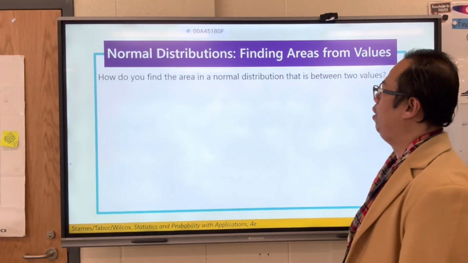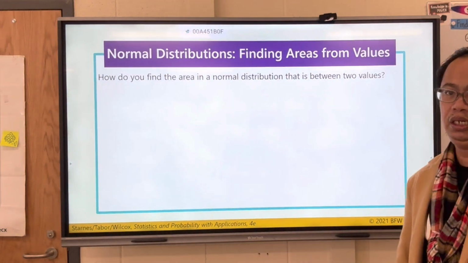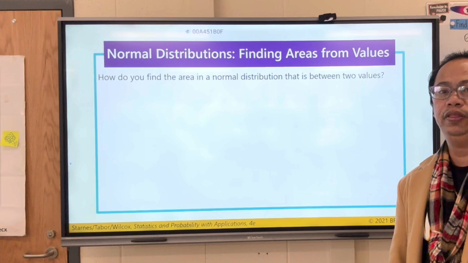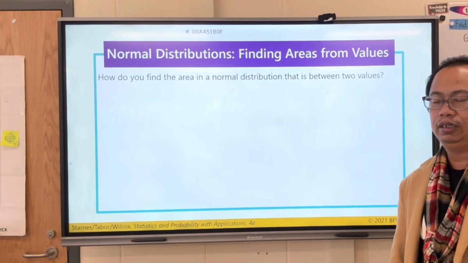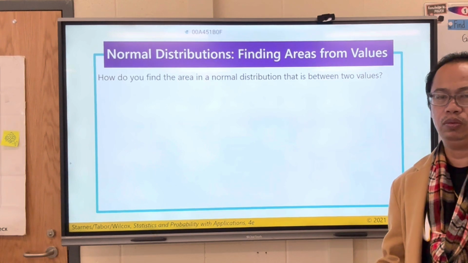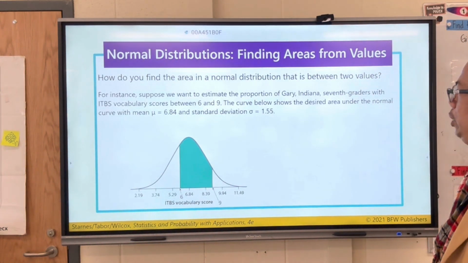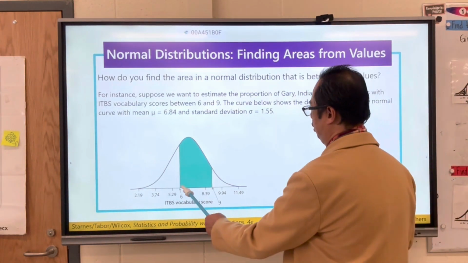Now, how do we find the area in a normal distribution that is between? This time we are on the third objective. So how are we going to do it? The example will be between, so we have 6 here and then 9.